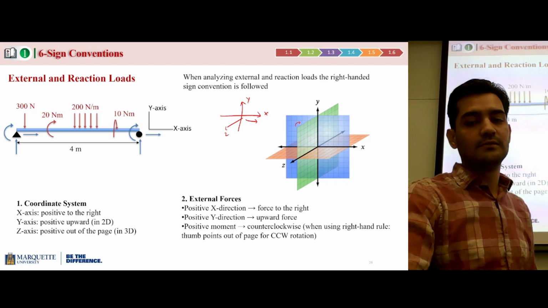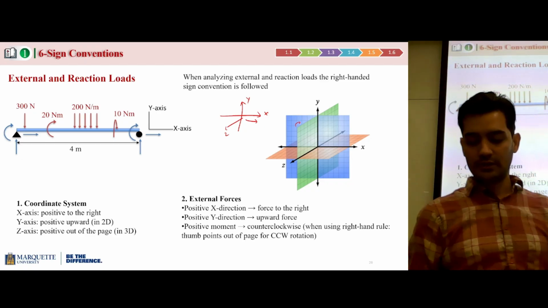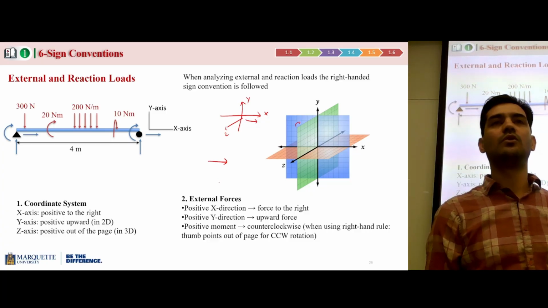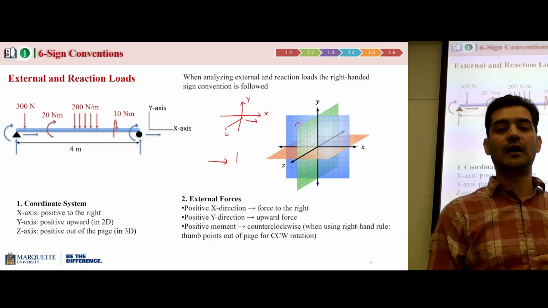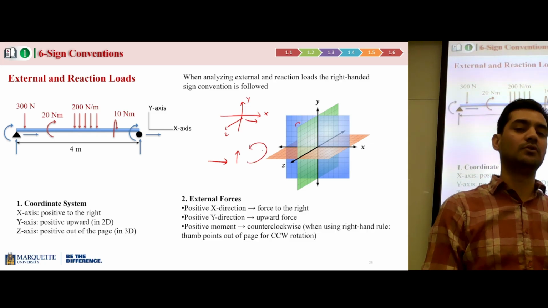Similarly with forces. Forces to the right are always positive. Forces upward are always positive. An anti-clockwise moment is always positive.